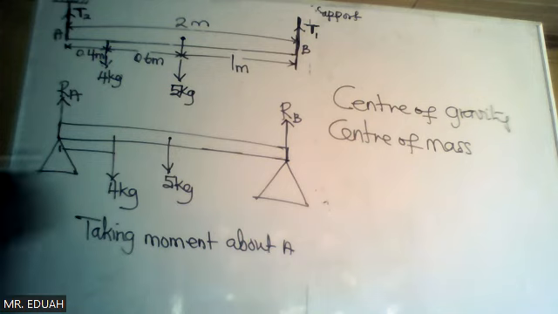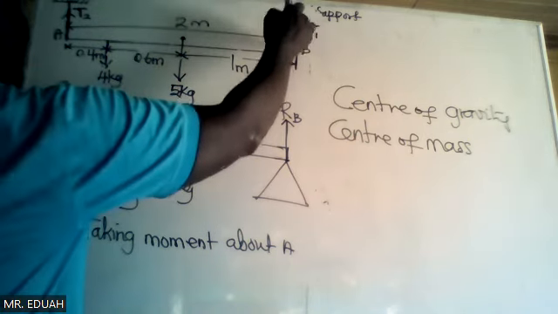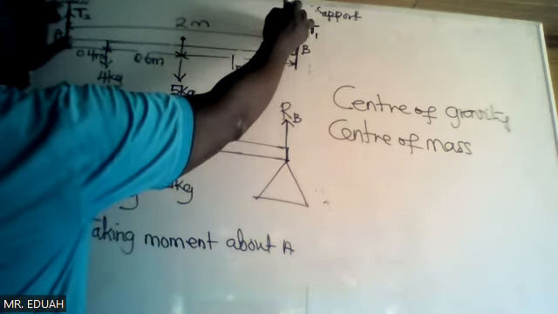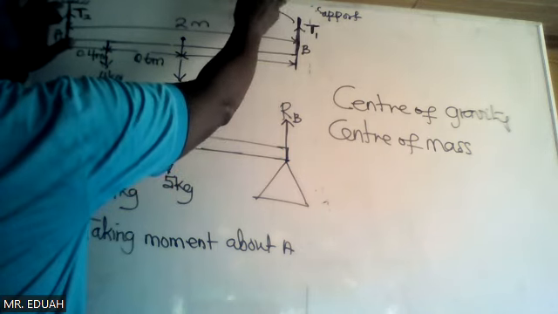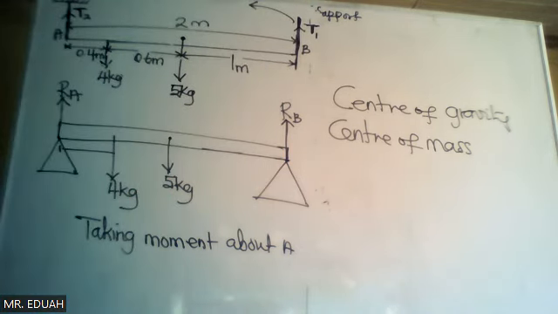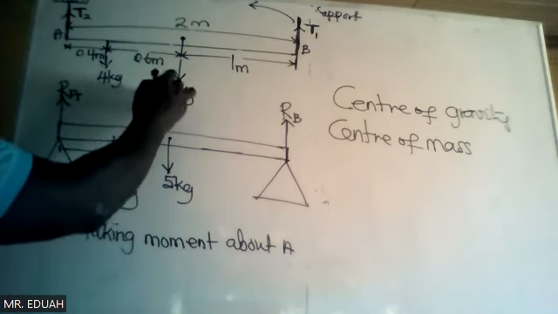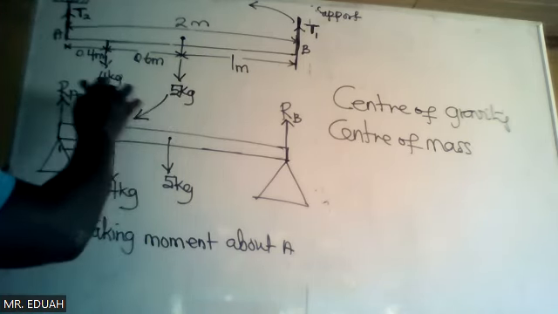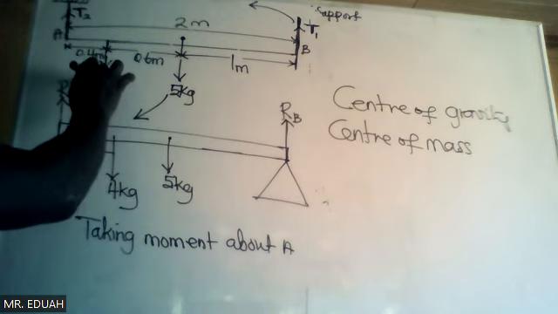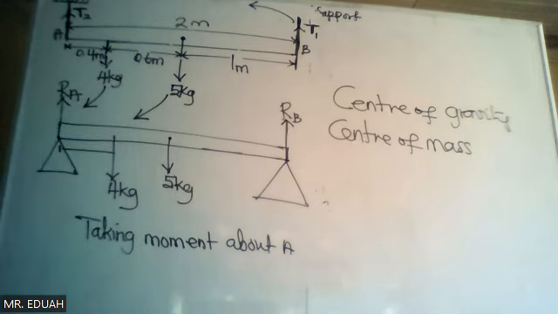Since the support is here, this gives us an anti-clockwise moment, this will give us a clockwise moment, and this will give us another clockwise moment. Of course, the turning effect here is 0.